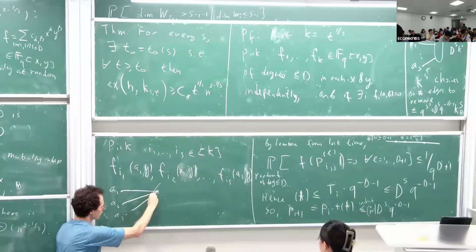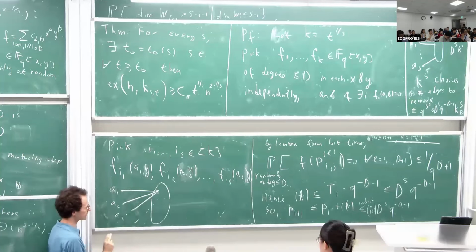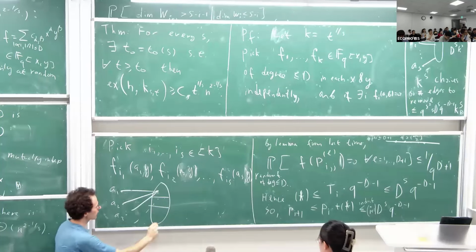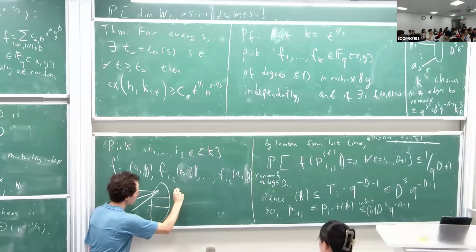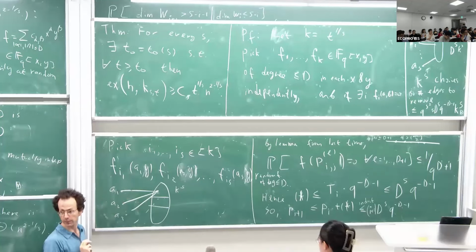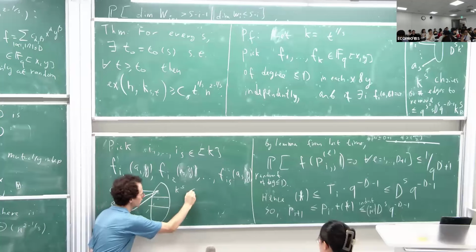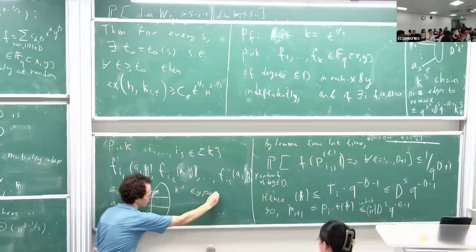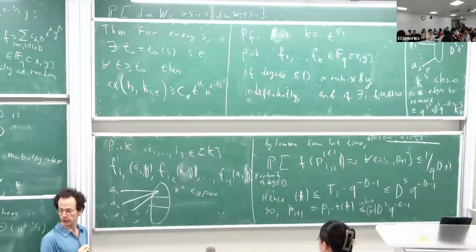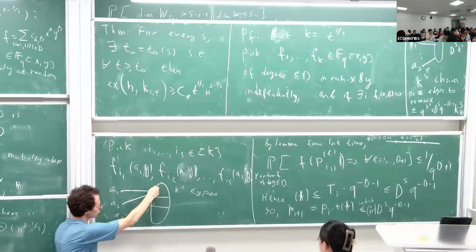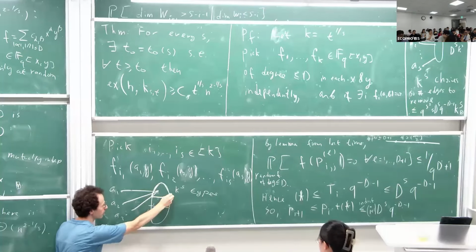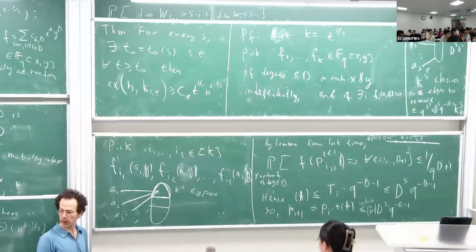So the right-hand side of this KST is now cut into chunks, depending on the type of the vertex. There are K to the S possible types, and I'm bounding the size of each of the chunks of a particular type. The way I'm bounding it is as before.